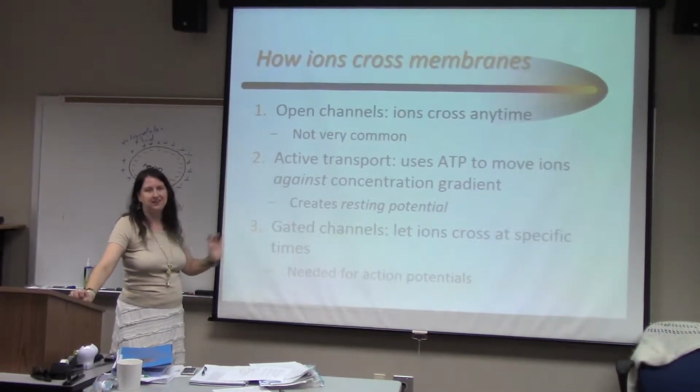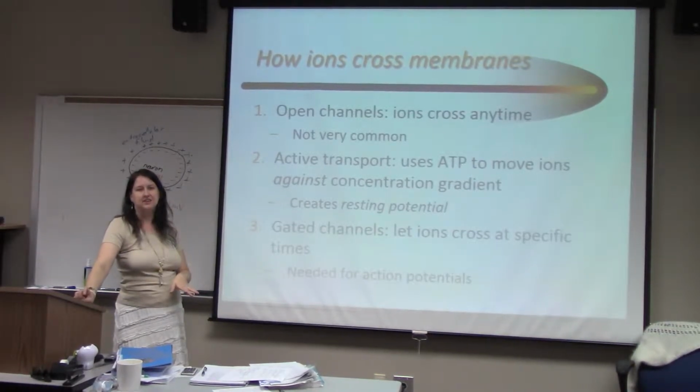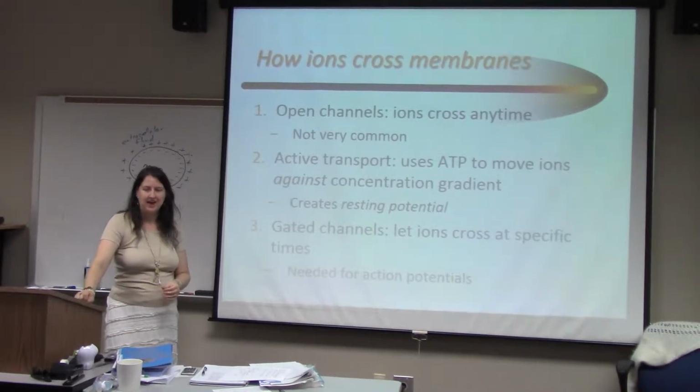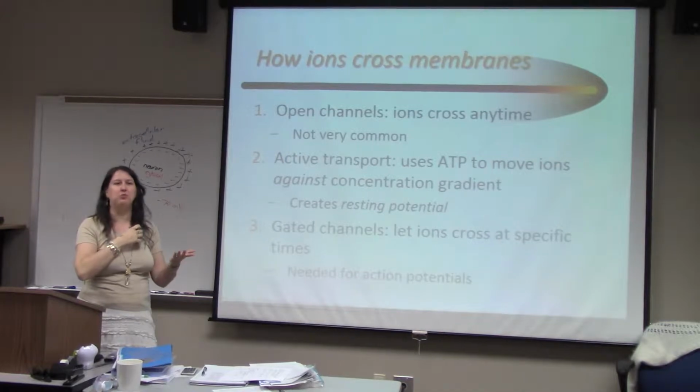There are also gated channels, which are a way to let ions cross with their gradients, but only at certain times. So there's a door in the doorway, and the ions can't open it themselves, they can only go through when it opens.